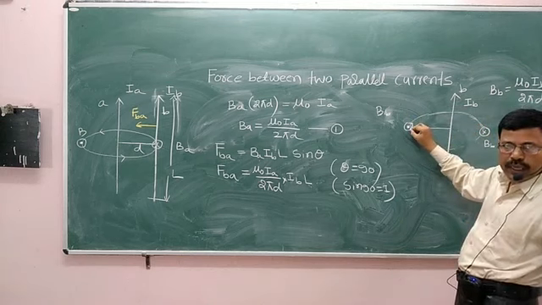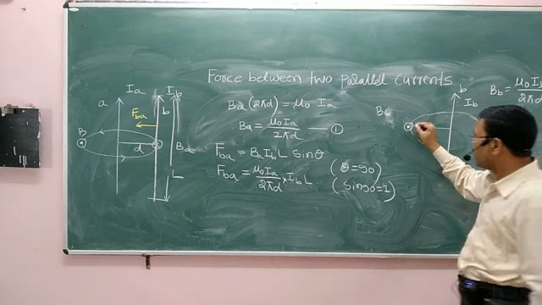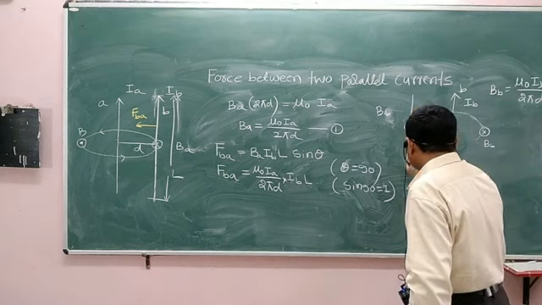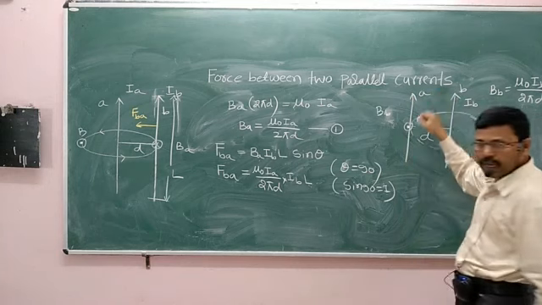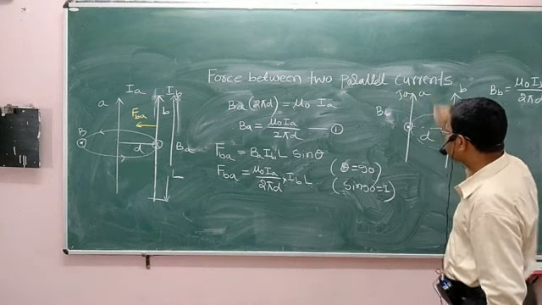Now suppose you keep one conductor A, this is conductor A carrying current Ia.